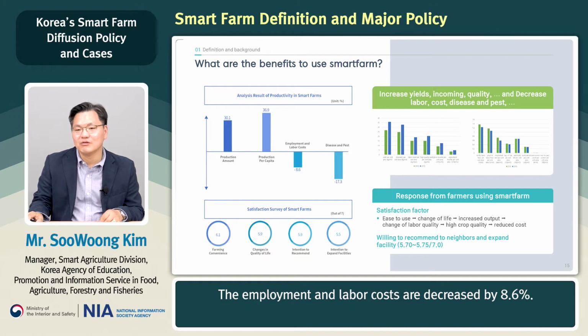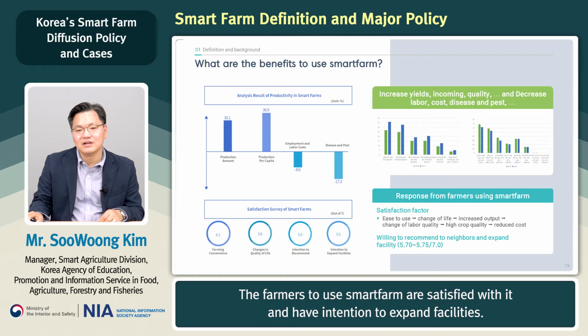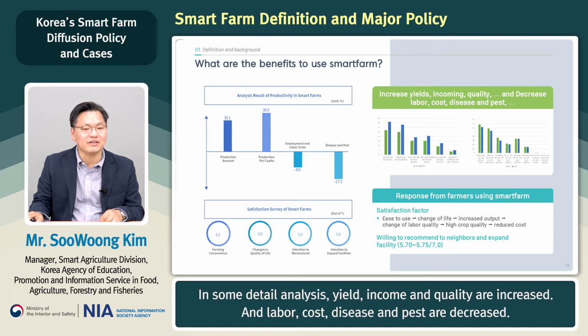The employment and labor costs decreased by 8.6%. The farmers who use smart farm are satisfied with it and intend to expand facilities. In some detailed analysis, yield, income, and quality increased, and labor, cost, disease, and pests decreased.